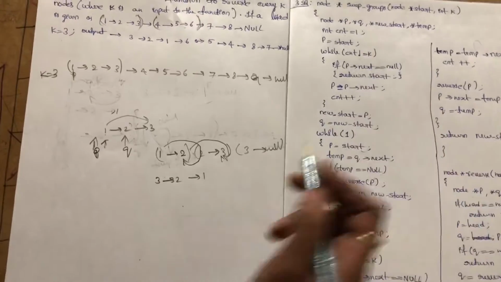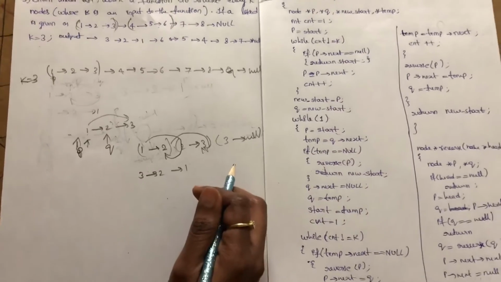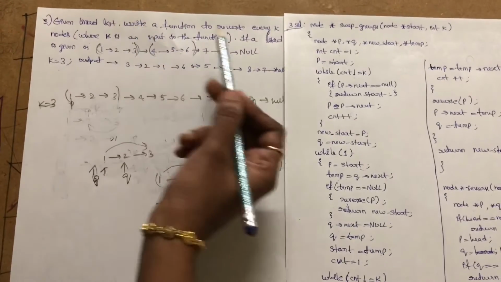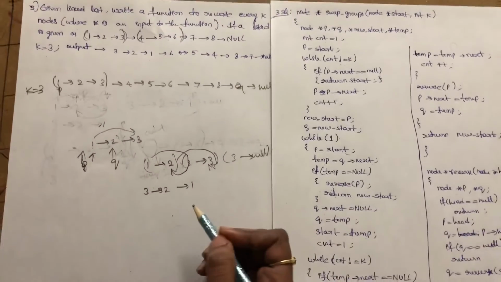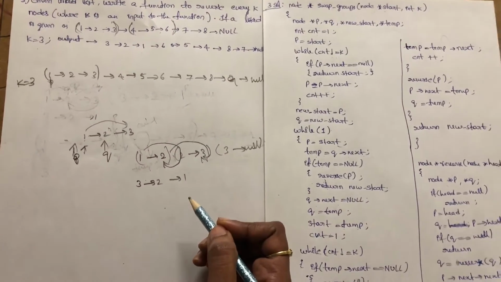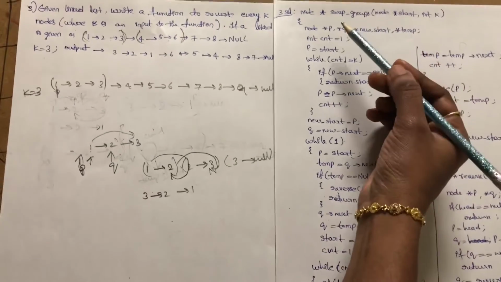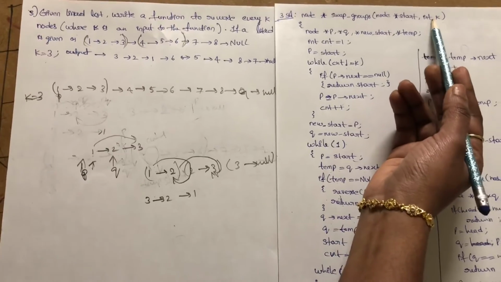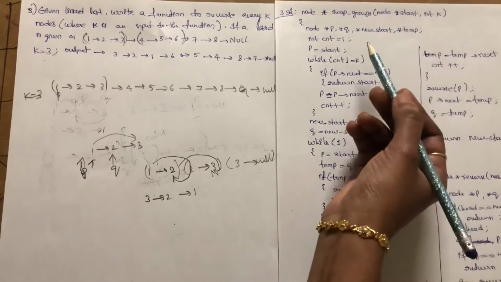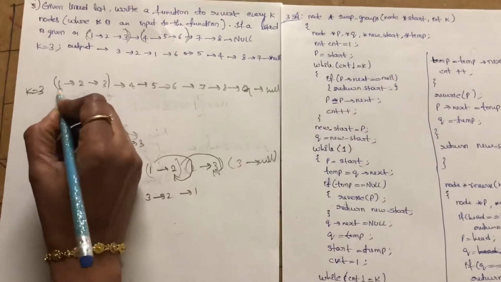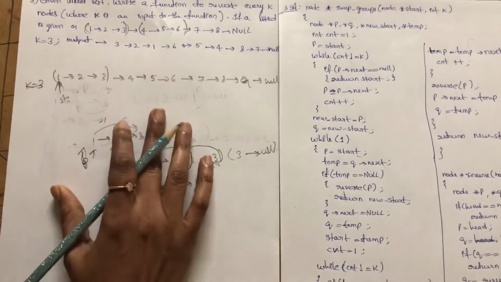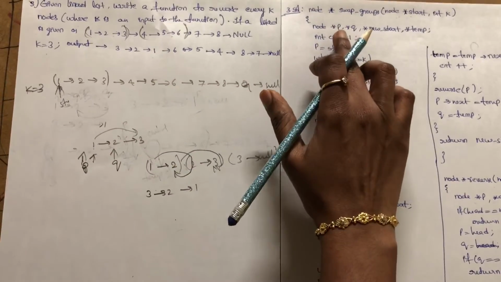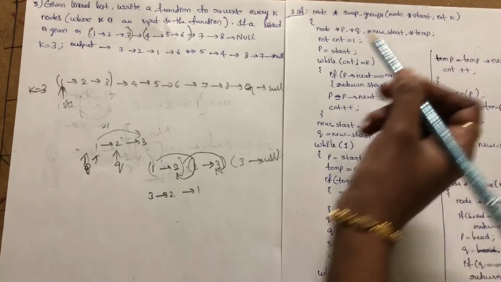So let's see how to implement this problem by using this reverse function. We're going to take one swap groups function with node start and int k value as parameters. Node start is the starting point, and we're going to take pointers P and Q, and new start and temporary nodes.